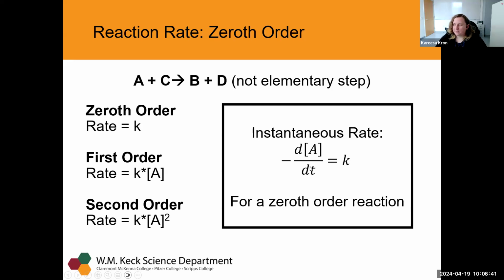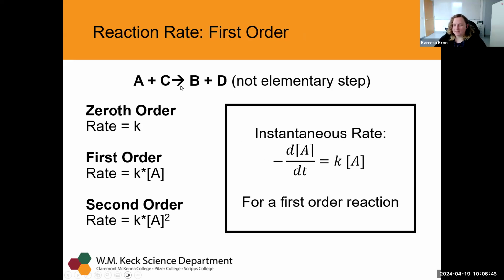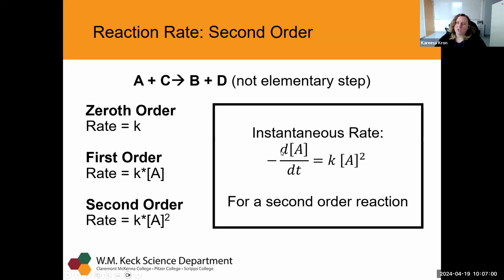And so if we wanted to look at the instantaneous rate of a first order reaction that uses up 1 mole of A every time the reaction proceeds, then the change in concentration of A is going to equal k times the concentration of A for this first order reaction. You can write the same expression for the change of the concentration of A with respect to time as a function of k times A squared for a second order reaction.